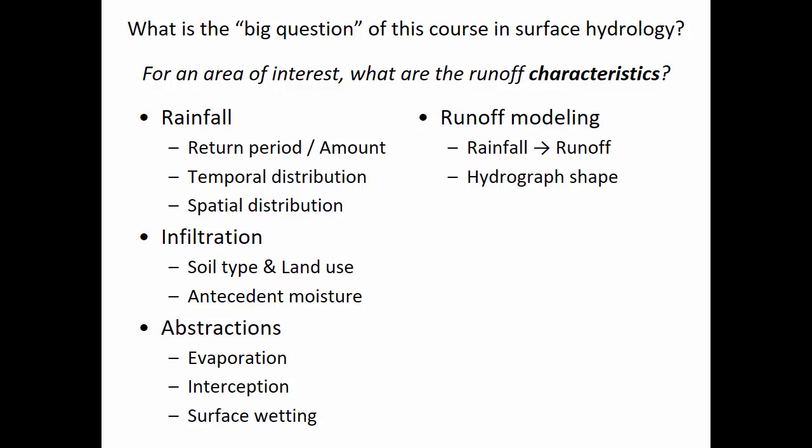So we just have to use shortcuts to do that. And so we have to come up with approaches that describe the relationship between a certain amount and timing of rainfall with a certain amount and timing of runoff.